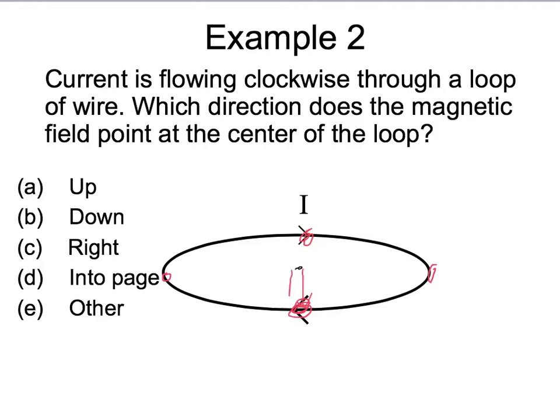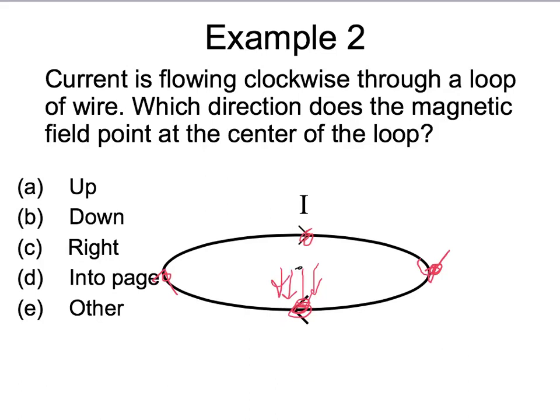Now if I check over here, if we continue the pattern of the arrows, I'll be pointing this time out of the page, curl my fingers, and I get down again. And over here, back into the page, curl my fingers, and then I got to rotate my hand, and at the center they're pointing down. So the magnetic field at the center of the loop is down, because it looks like if I checked at every place, I'd keep getting down.